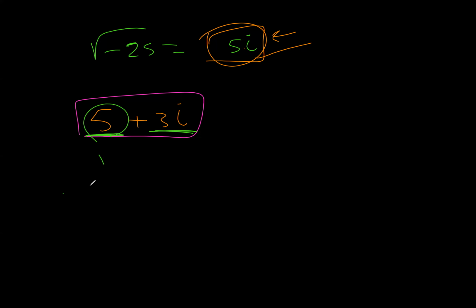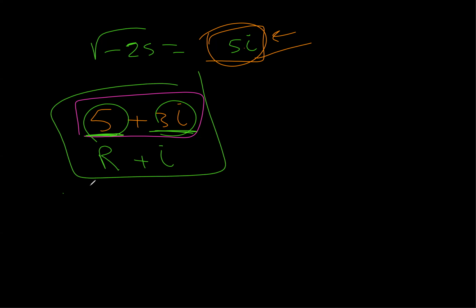So this number is real, plus this number is imaginary. So you have two parts in this number. One part is real, one part is imaginary. So in this case, we call this one complex number. So what is complex number now? Is a number that has two parts. One part is real, and one part is imaginary.